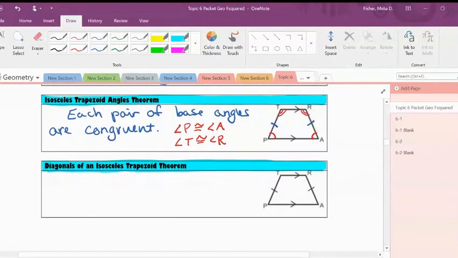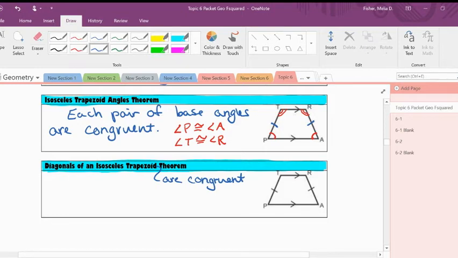The diagonals of an isosceles trapezoid are congruent. So if you want to write it out, diagonals of an isosceles trapezoid are congruent. We're going to try and make our notes as short as possible.